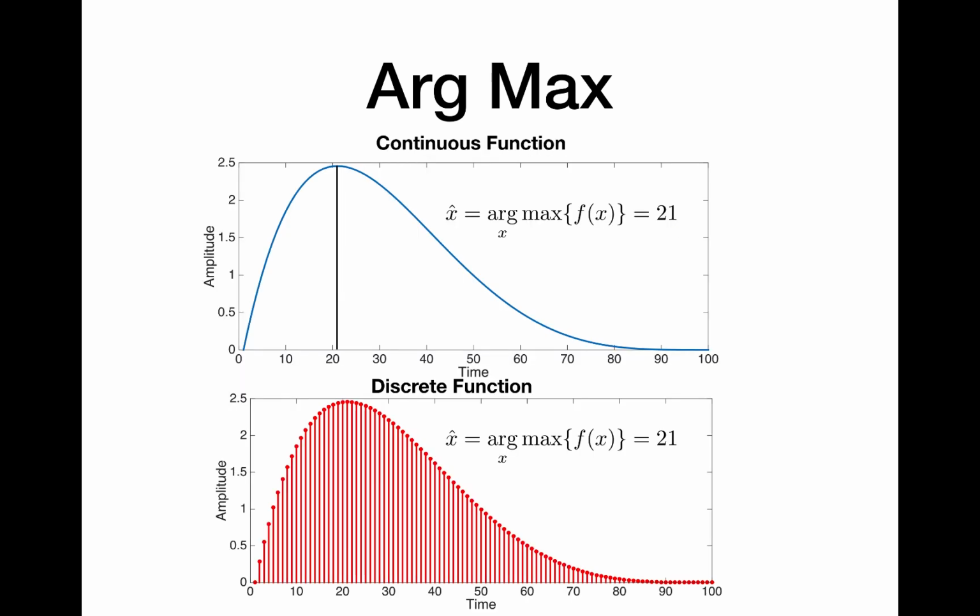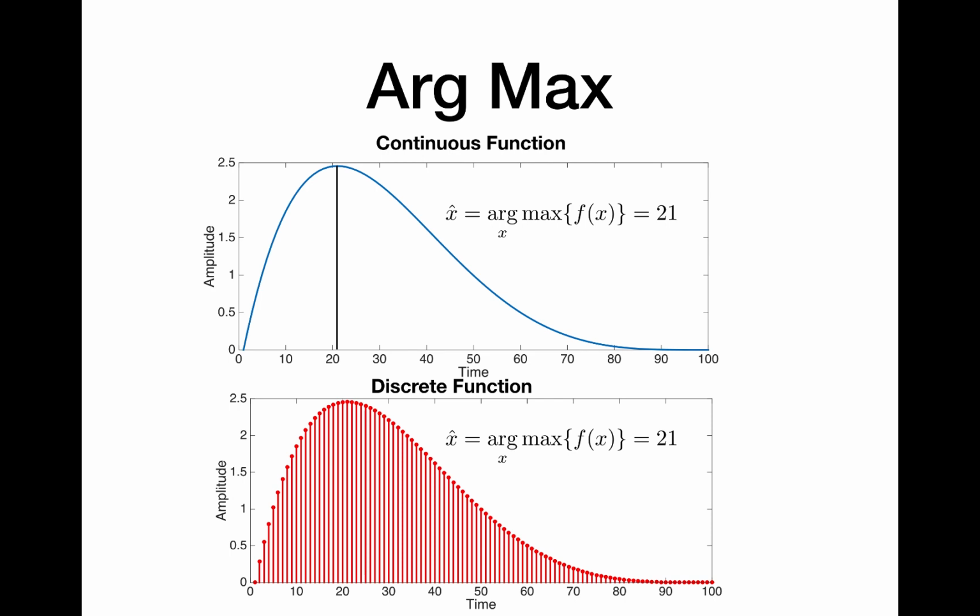So argmax can operate both for continuous functions and discrete functions. So here you can see we have, let's say, a continuous function at the top, and at the bottom I have the same function which is the sampled version of the first function.